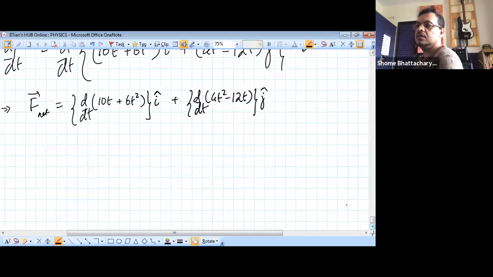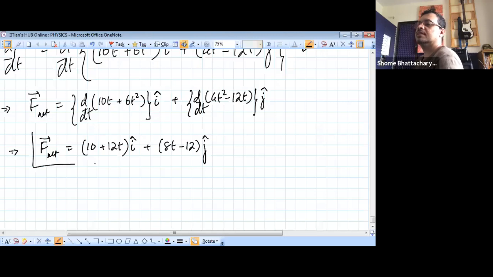Okay, so next thing, take the differentiation inside. Just like d by dx of 10x would have been 10, d by dt of 10t will become 10, and what will 6t^2 become? 12t. So this whole thing into i cap, plus differentiation of 4t^2, which will become 8t, minus differentiation of 12t, which is minus 12.